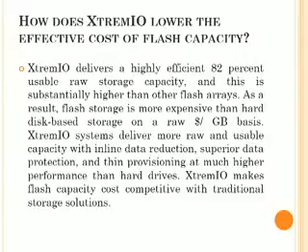Flash storage is more expensive than hard disk-based storage on a per-GB basis. Extreme I/O systems deliver more raw and usable capacity with inline data reduction, superior data protection, and thin provisioning at much higher performance than hard drives. Extreme I/O makes flash capacity cost competitive with traditional storage solutions.